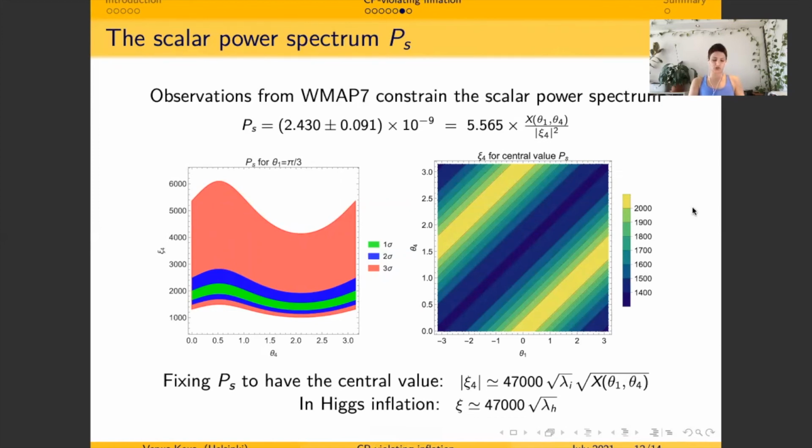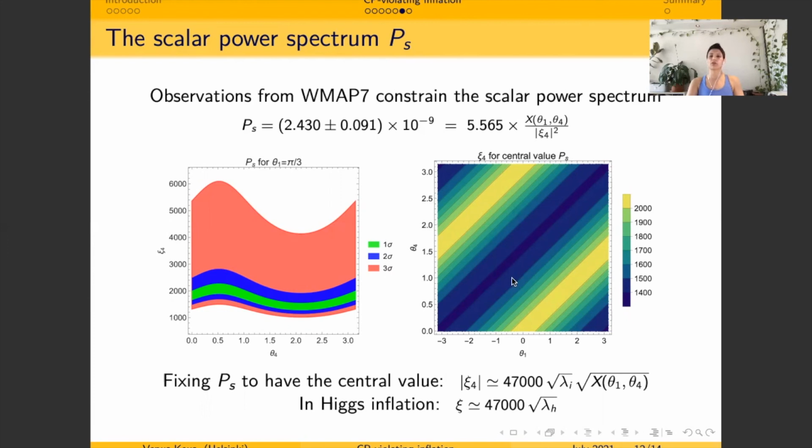Another one of these observational parameters that one needs to abide by is the scalar power spectrum, or PS for short, which has been measured to some accuracy. And usually what you need to show is that for different values of your non-minimal coupling to gravity, you fall into the region that is in agreement with experiment, whether at 1 sigma, 2 sigma, or 3 sigma. So what I'm doing here is that for a given value of θ1, I'm showing you that for different values of θ4, you can have different values of this non-minimal coupling to gravity to satisfy the observational constraints.